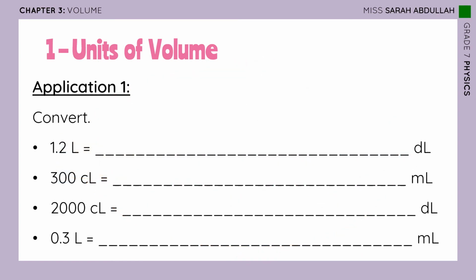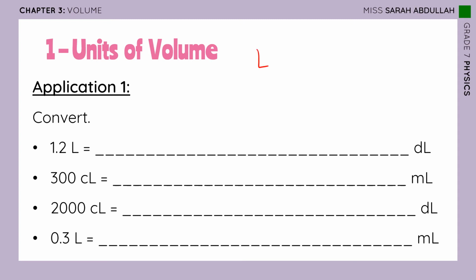So now we're going to continue with application 1, but now with the liter units. See, I didn't confuse you now. They are only in liter, deciliter, centiliter, and milliliter. But in the last application that we're going to solve, I'm going to mix them up. In order for me to convert, I need to draw the conversion map.